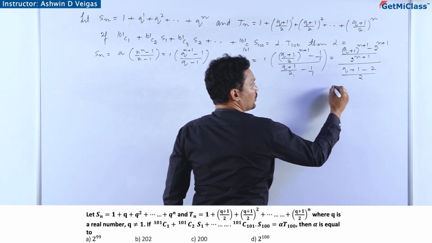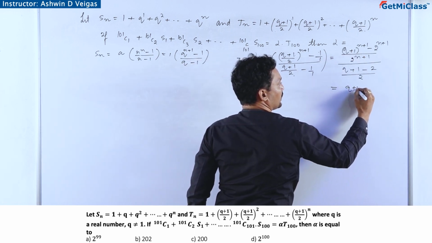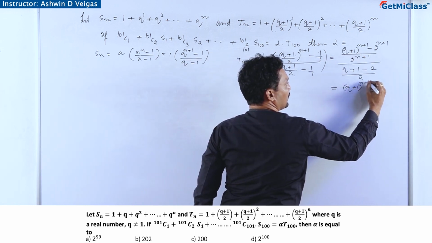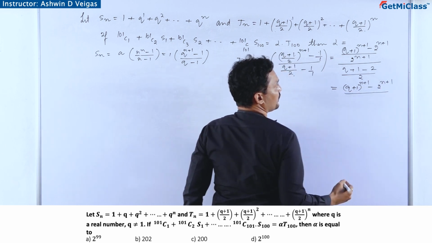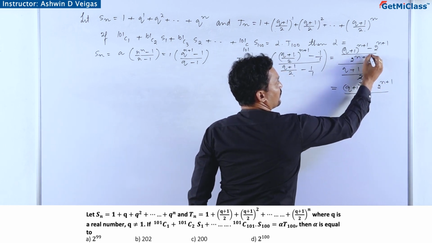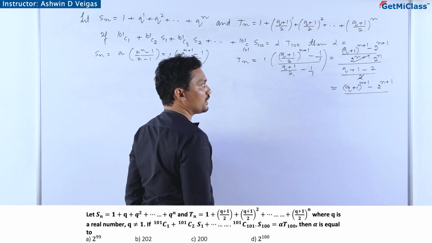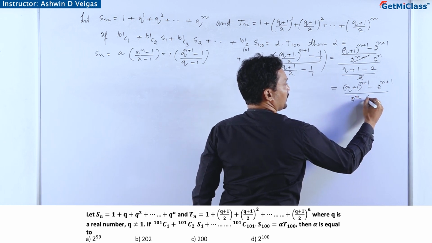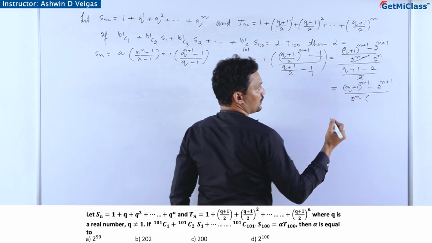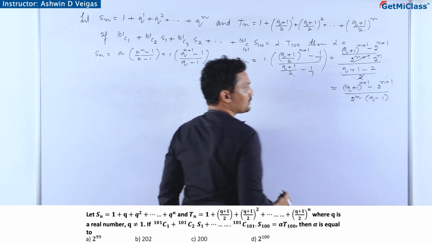Now if you do one step of simplification, this is (q plus 1) power n plus 1 minus 2 power n plus 1 divided by, so here 2 cancels with 2 power n plus 1, leaving 2 power n, into q plus 1 minus 2, which can be written as q minus 1.